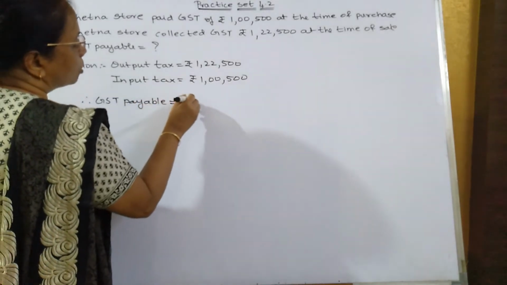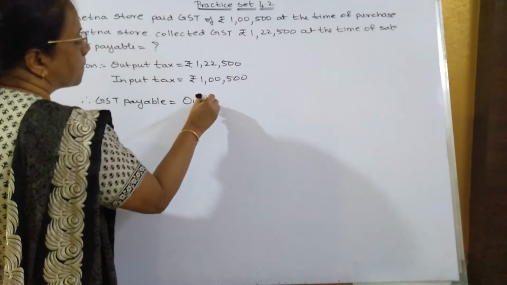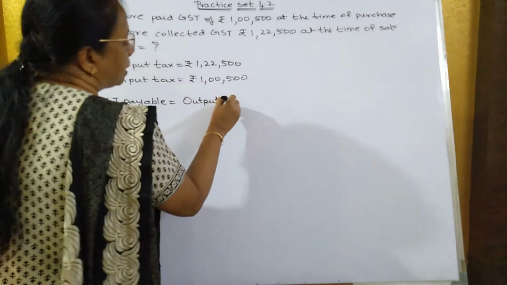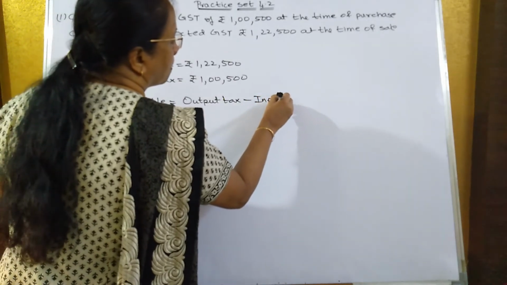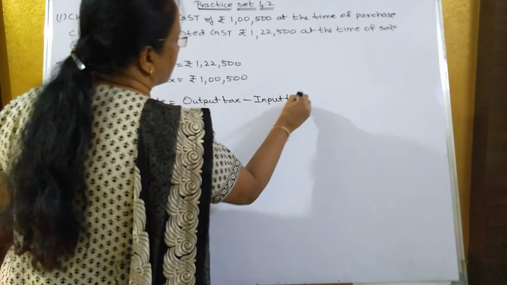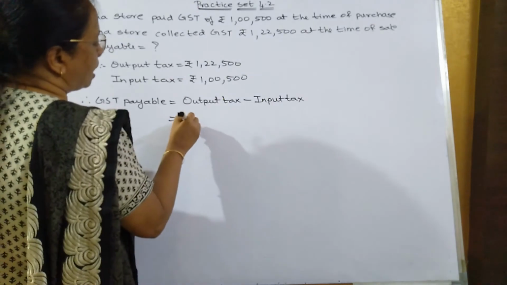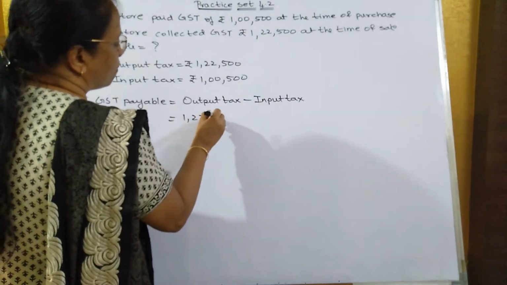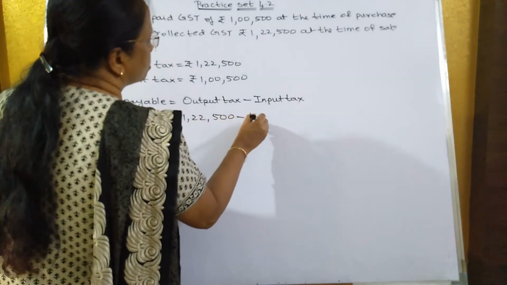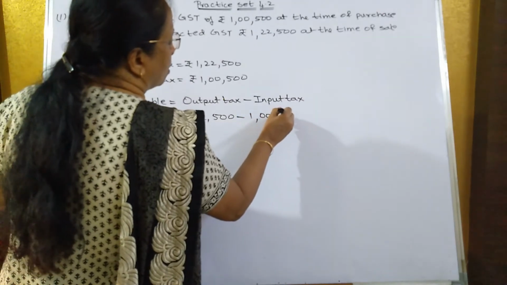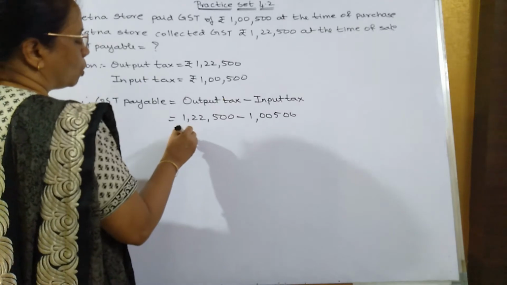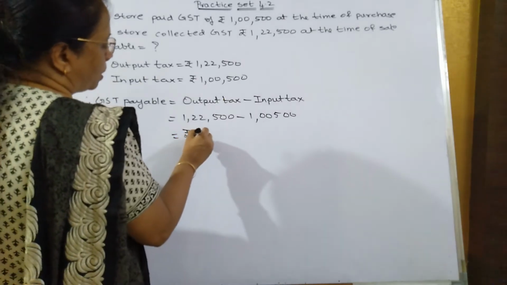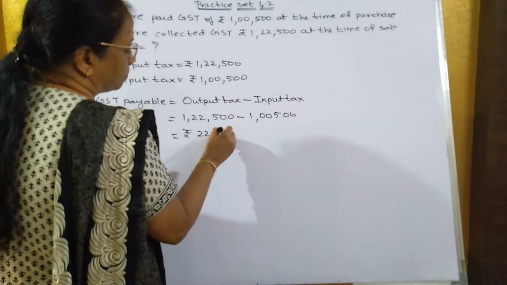Therefore GST payable is equal to output tax minus input tax. So that is equal to 1,22,500 minus 1,05,000. That is equal to how much? Rupees 22,000.